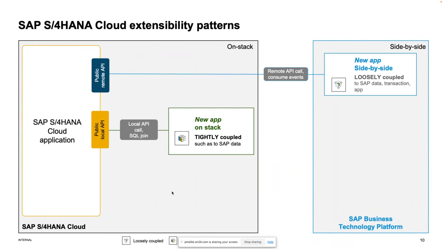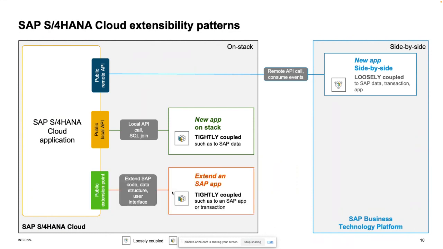But of course, there's also the need to do on-stack extensibility, and with ABAP Cloud, you're free to do that. No matter that, as you have seen, I've done a select on my system. You could also do a CRUD create, update, delete operation against the sales order or the I_Product using the stable API. And that's exactly the idea. It's your choice what to do.